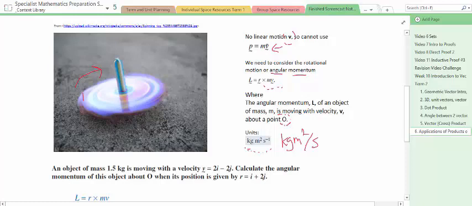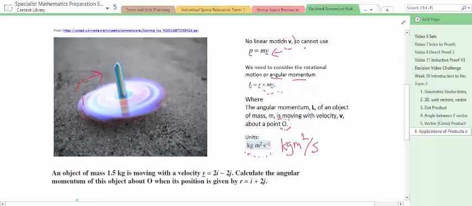So that's the units. You can see where it comes from, because with linear momentum, regular momentum, we've got kilograms meters per second because it's mass times velocity. With this one here, we've got an extra element in there. We've got an r, which is a position vector, which is basically a distance, which implies another meter dimension to the unit.